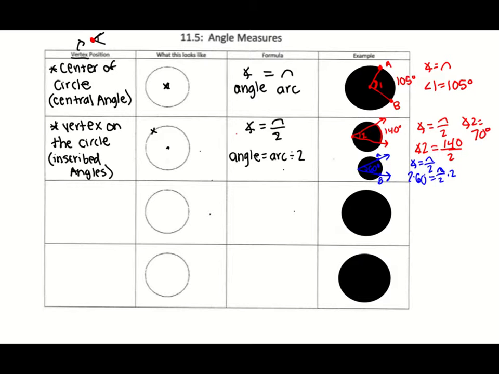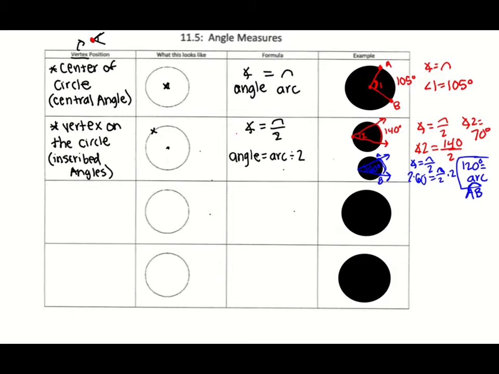Multiply both sides by 2. We get 120 equals our arc. I ran out of space there, but that means this arc AB is 120. Okay?